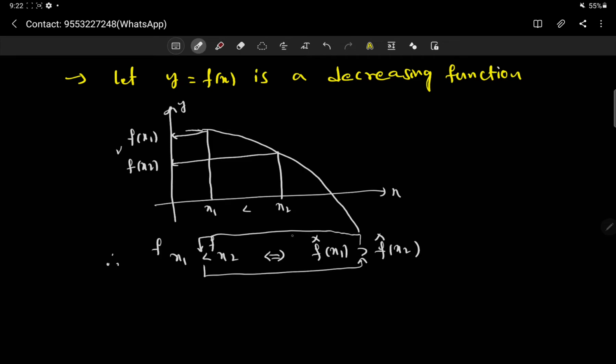Both sides implies, you can say. So on applying f or on removing f, inequalities will change. This result you should know actually.